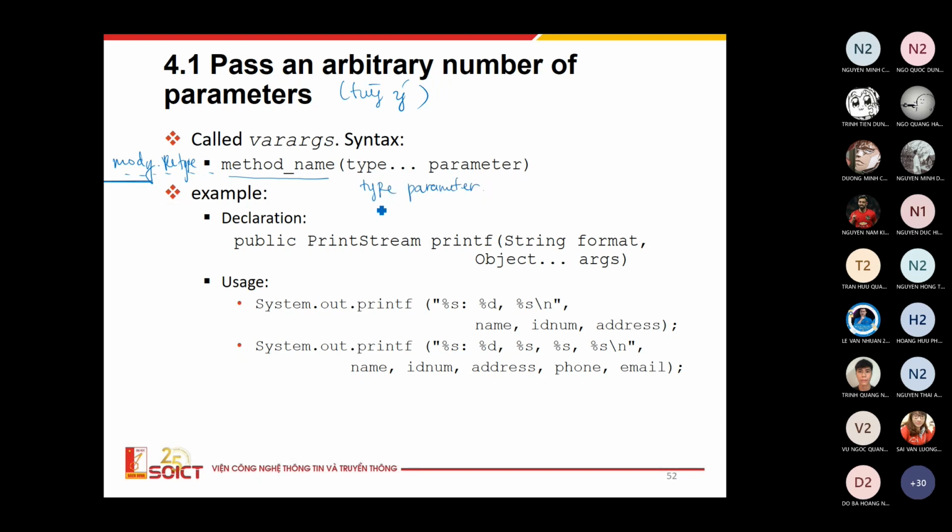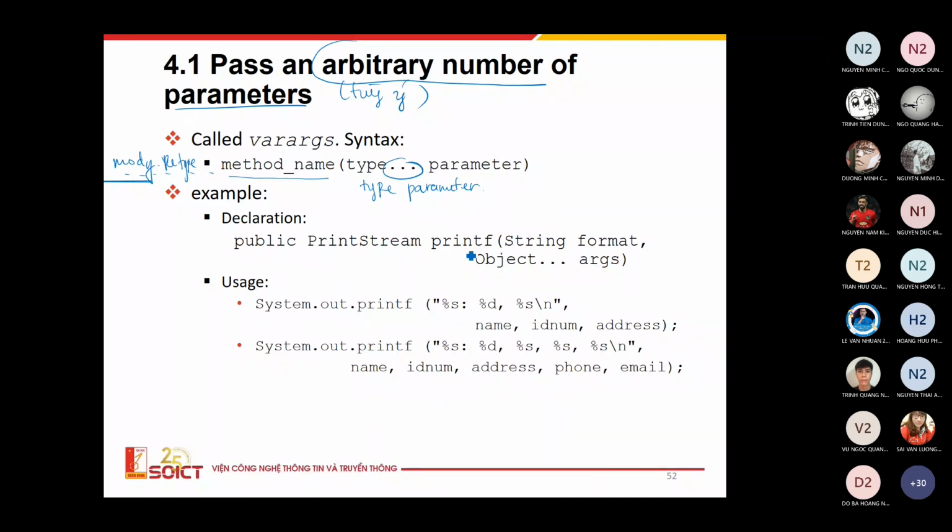But when you don't fix the number of input parameters and you don't know in advance the number of parameters, you will use an arbitrary number of parameters with this syntax.